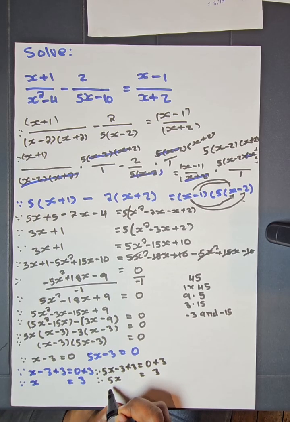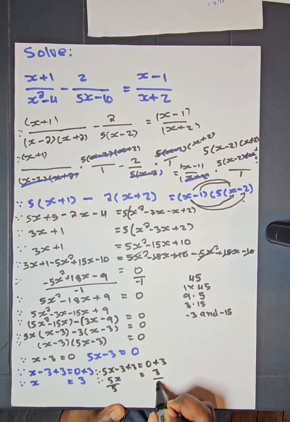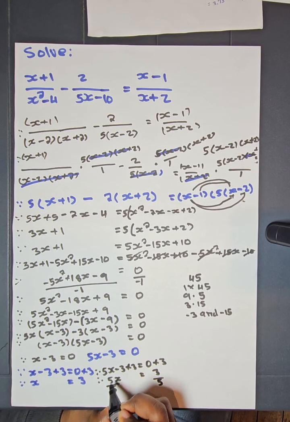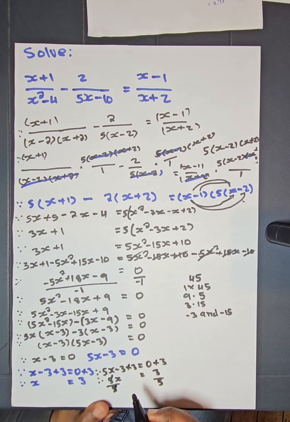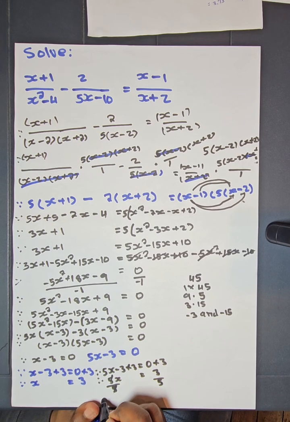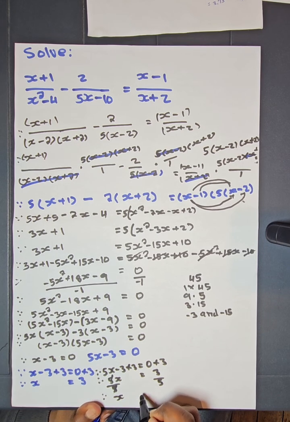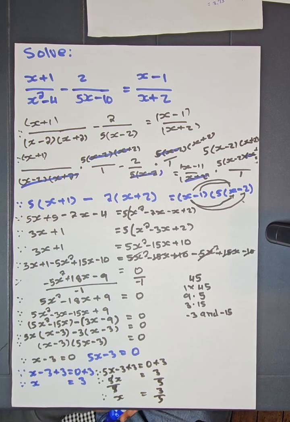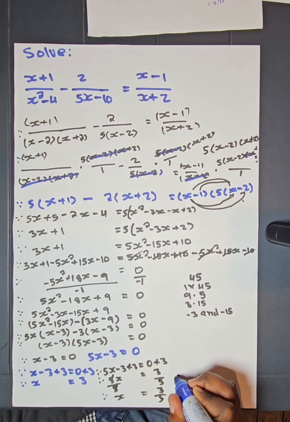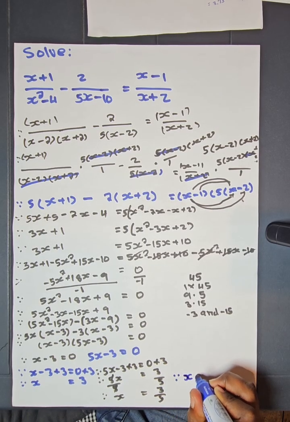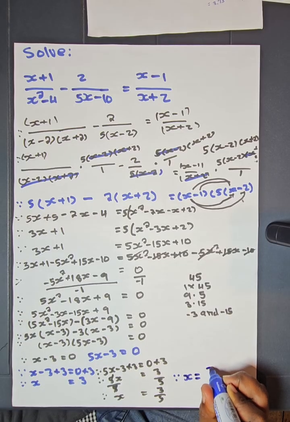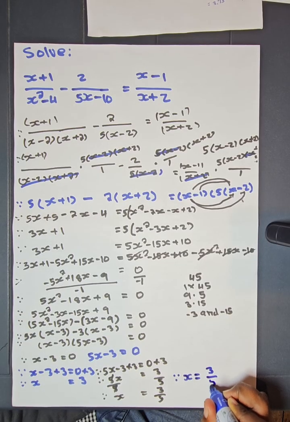Now get rid of the 5 by dividing by 5 on both sides. Now cancel out the 5's, and on the left hand side we have x, which equals on the right hand side 3 over 5. Therefore, our second solution is that x equals 3 over 5.